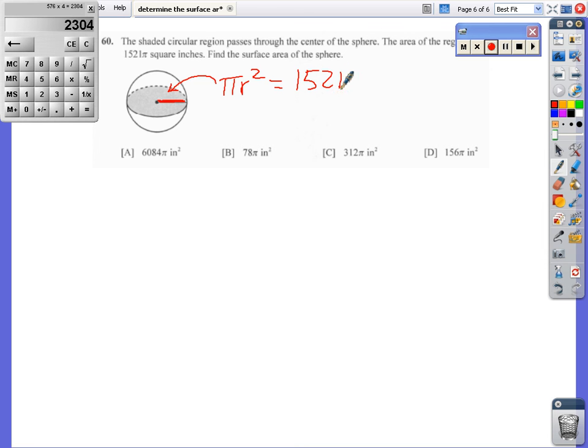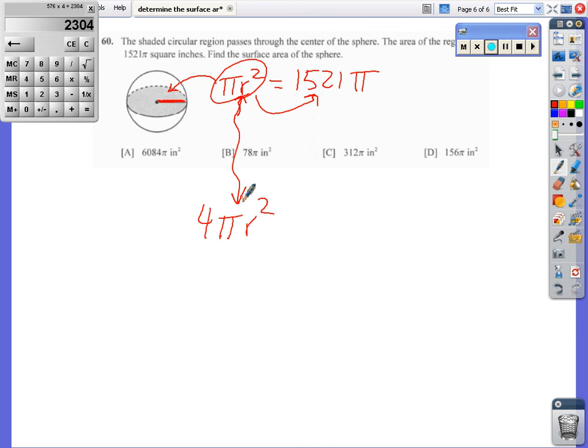I need to know the radius. That's what I need to know to be able to do my 4 pi r squared formula. So, I want that radius, and I just looked at this and I said, well, they just told me that pi r squared is equal to this. I'm looking at the formula, it's 4 times pi r squared.